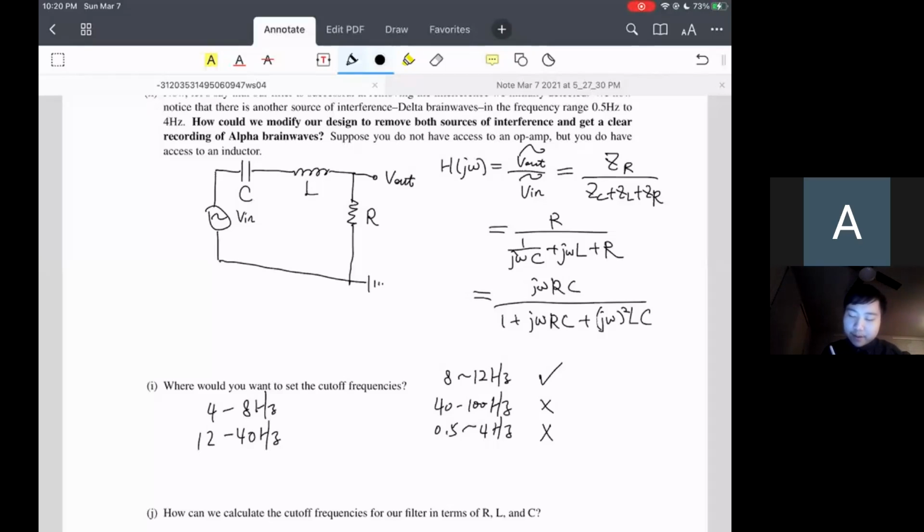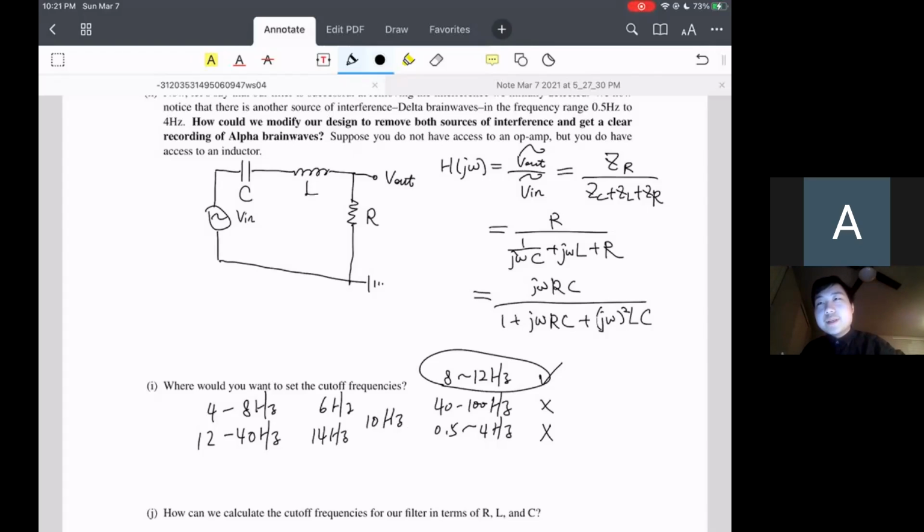So we can pick something like 6 hertz and 14 hertz so that they center at 10 hertz, the center of the desired frequency range. Obviously, this is an open-ended question, and the answer isn't restricted to this one. But generally, we will want the two cutoff frequencies to average to the center of our desired frequency range for best results.